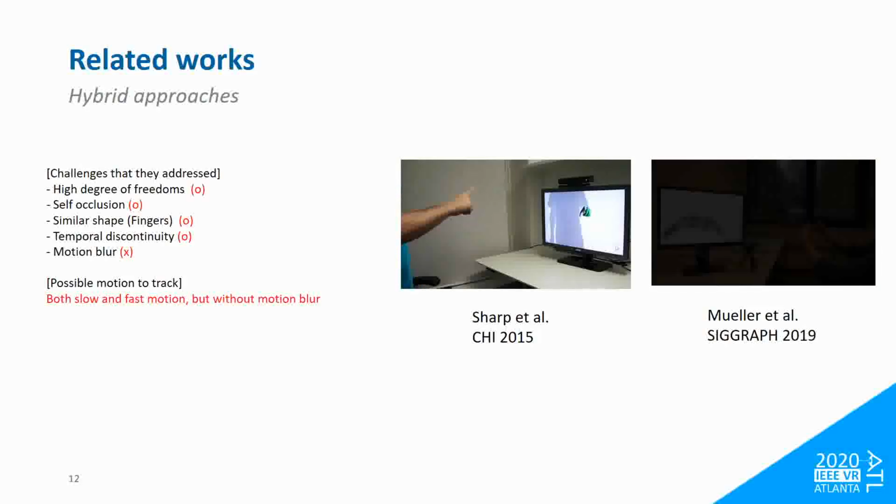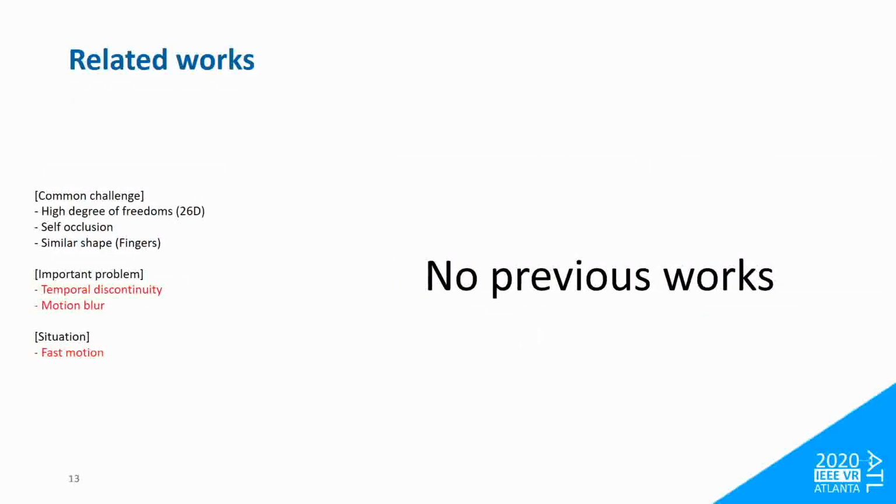Especially in Model Work, it successfully estimates hand pose and shape in strong two-hand interactions, but they state a limitation due to motion blur. Some existing methods already address common challenges and the temporal discontinuity problem. However, to the best of our knowledge, there are no previous works that track the hand pose in the presence of motion blur.